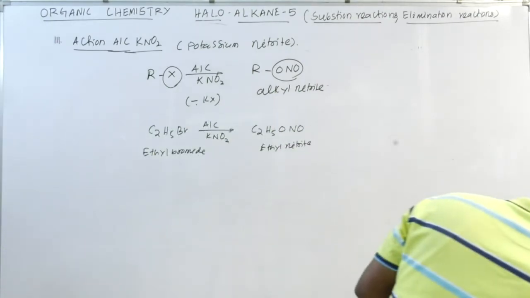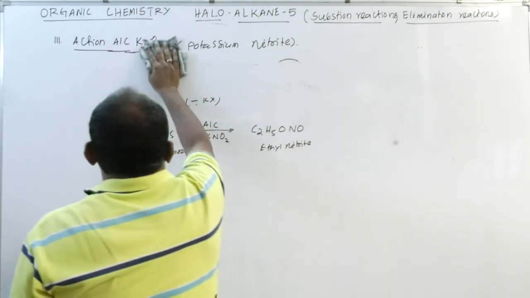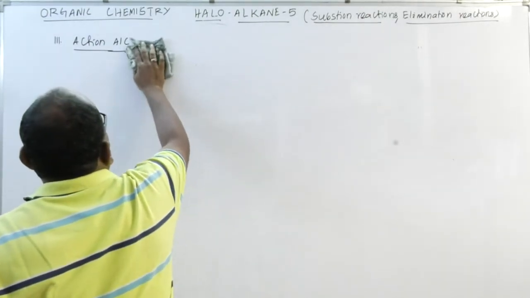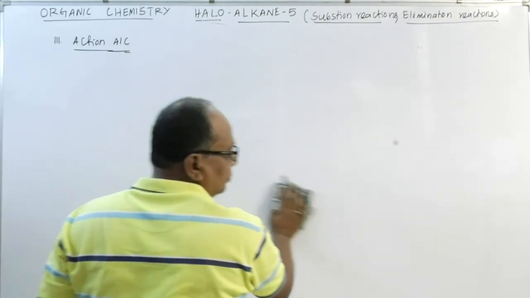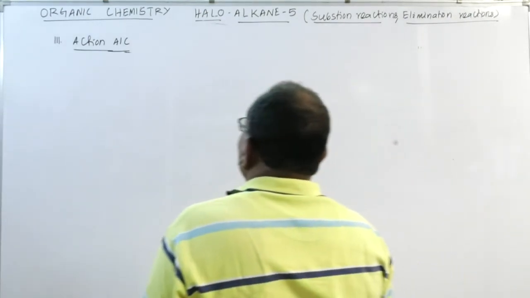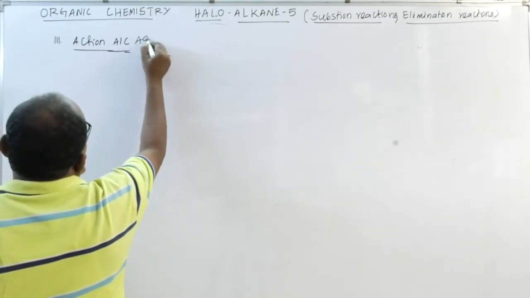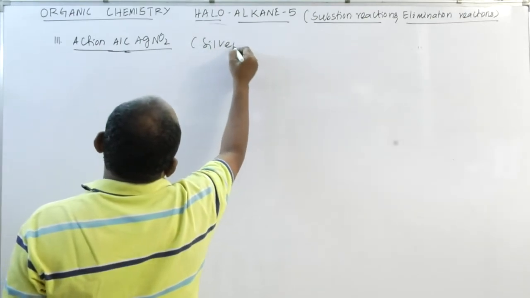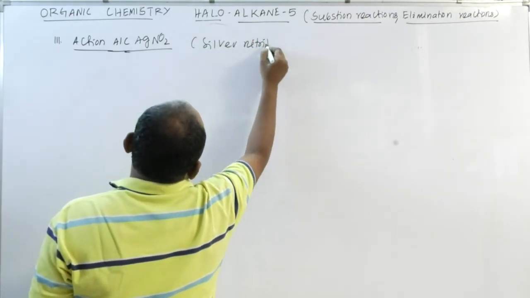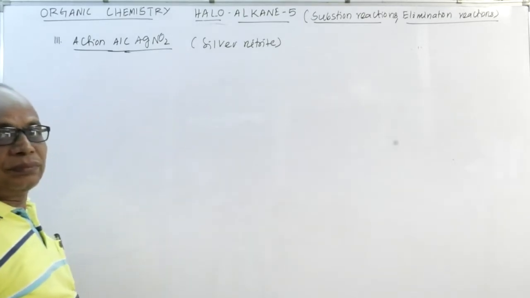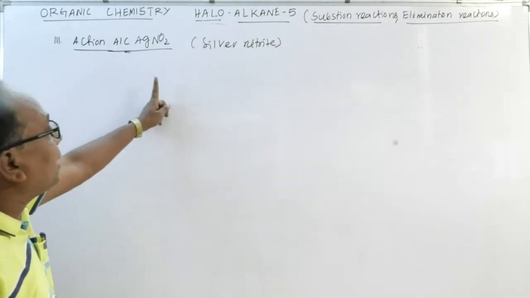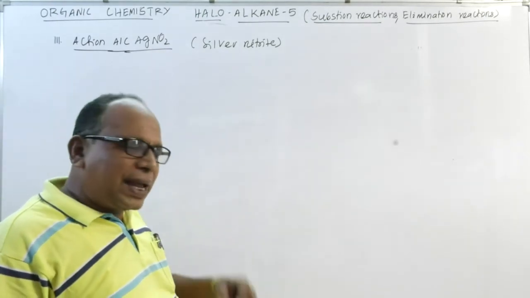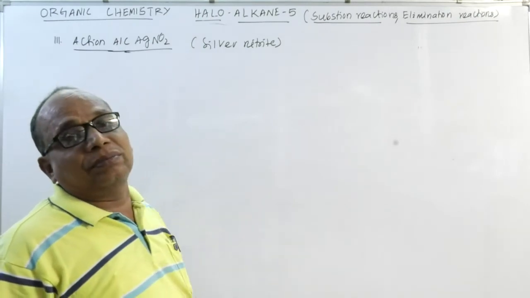When alkyl halide reacts with an alcoholic solution of AgNO2, that is silver nitrite, in silver nitrite, which is covalent in nature, the negative charge is possessed by the nitrogen atom.